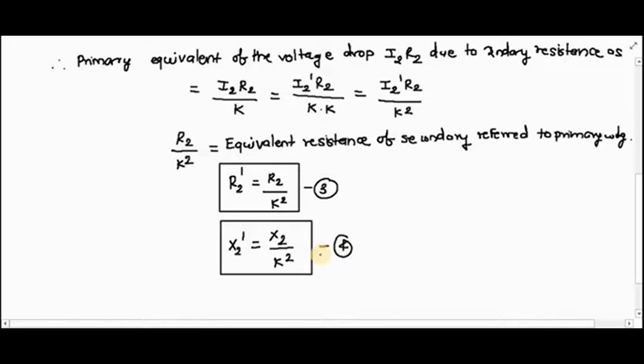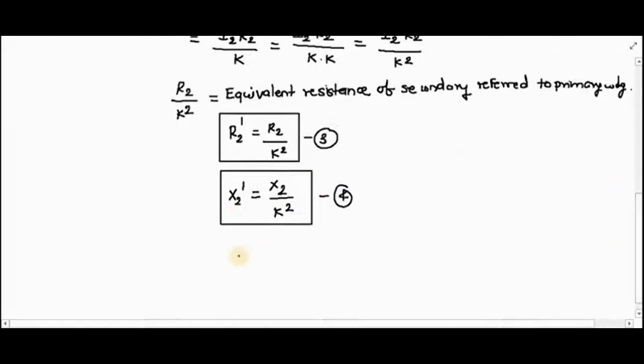In the similar way, the equivalent load impedance referred to the primary side: let ZL be the load impedance. When ZL is transferred to the primary side, it will become ZL dash, and that will equal ZL divided by K square. Give this as equation number 5.